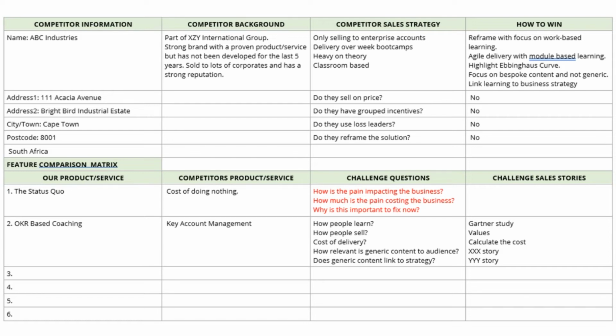So it's much easier for your customers to stay the same and do nothing. But as salespeople, we've got to make the risk of doing nothing bigger than the risk of whatever change we're going to introduce.